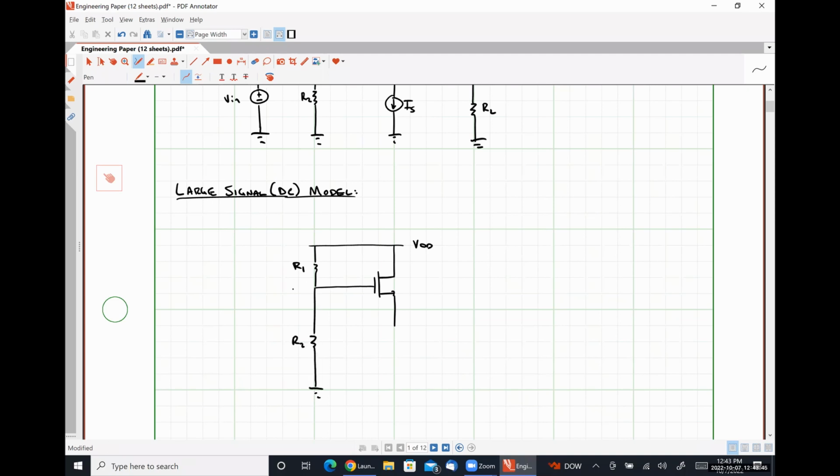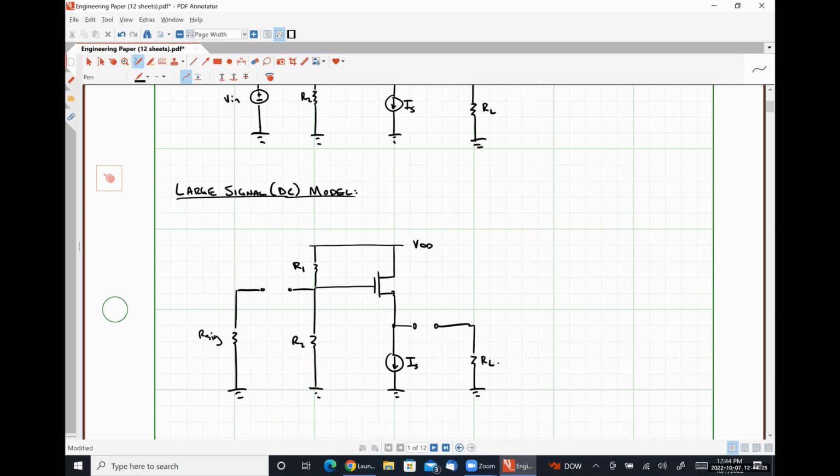Here is R2. Open circuit from our gate capacitor. Signal resistance. Current source IS. Here's our load resistance RL. So it should be pretty obvious that R sig and RL aren't going to influence the DC characteristics of this circuit.